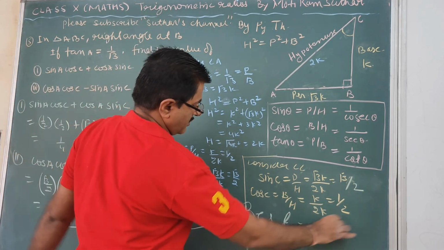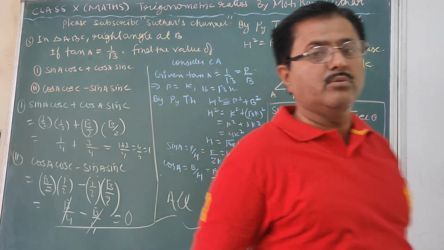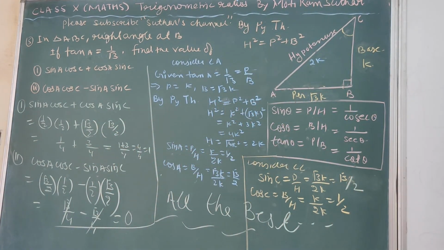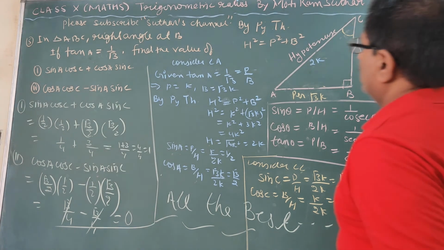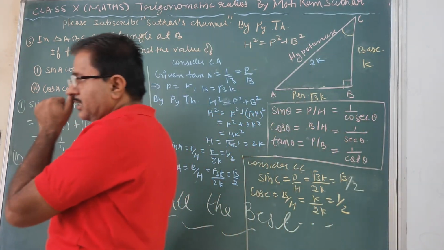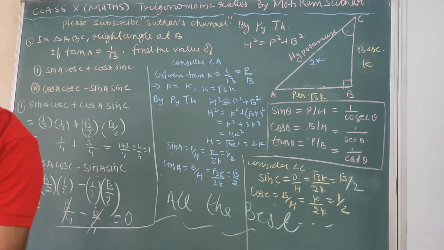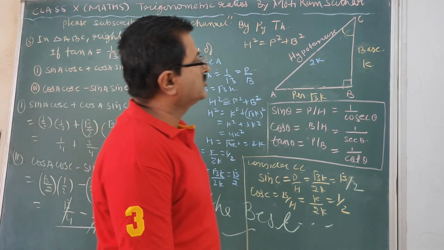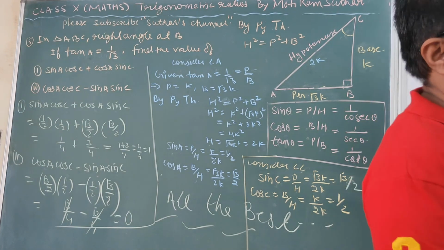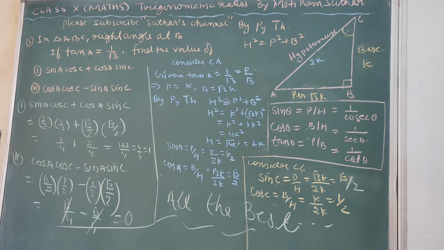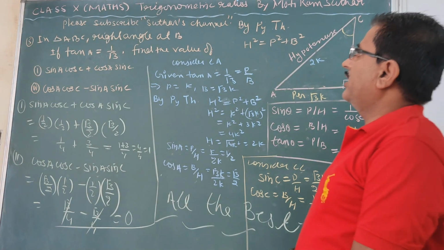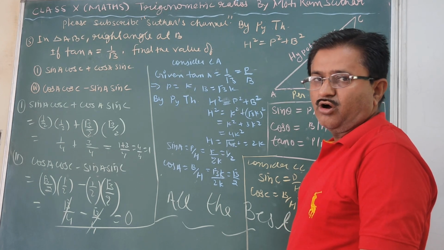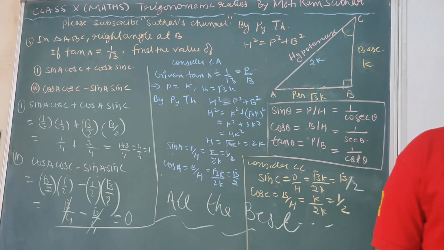So in this way you can solve problems related to the trigonometric ratio. So this is all up to the trigonometric ratio. In the next section, which is very important, you have to find the trigonometric ratios of some specific angles. Like if anyone asks you what is the value of sin 30 degree or cos 30 degree or tan 30 degree.